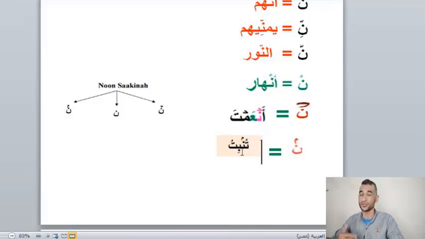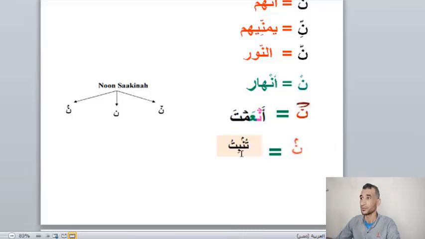Here we turn over and change the letter noon into the letter mim. Instead of pronouncing the consonant noon, you pronounce the consonant mim, and it is the rule of iqlab, which we will learn together in the next lessons.